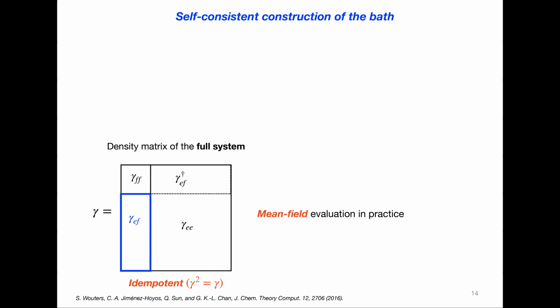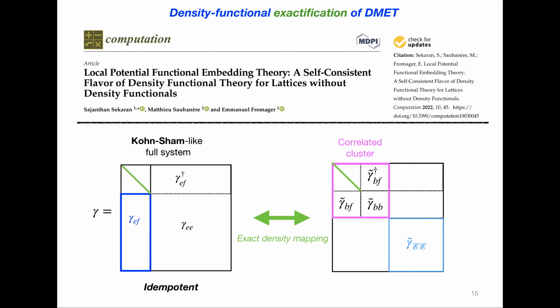So the question is now, how do you get the bath? How do you optimize it, and does it make any sense? Okay, and there are different ways of tackling this problem. For example, recently, we managed to write DMET as an exact density functional theory. So how can you do that?